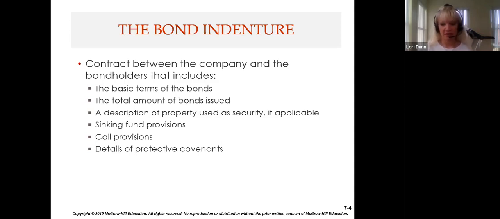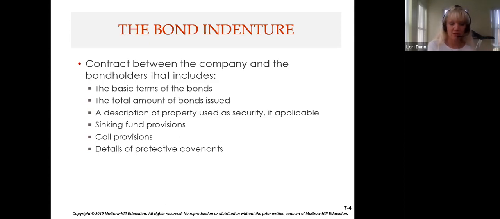So because of that, the entity that is selling the bond, the corporation or the US government, has to do some stuff. And what's the stuff they have to do? Well, that's identified in the contract, or what we call the bond indenture. So you can look at it as the loan agreement. This holds up in a court of law.